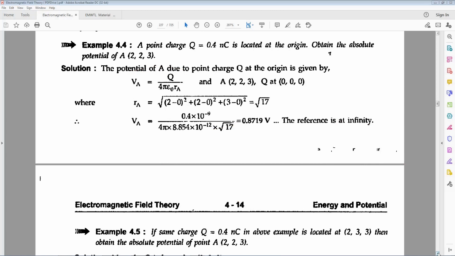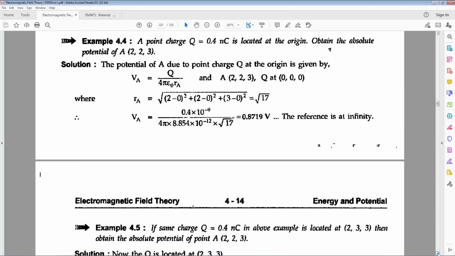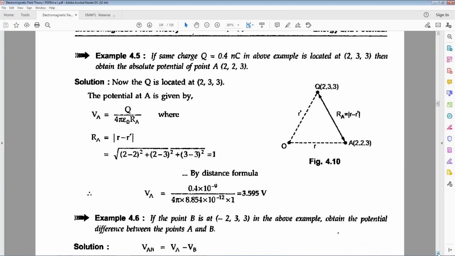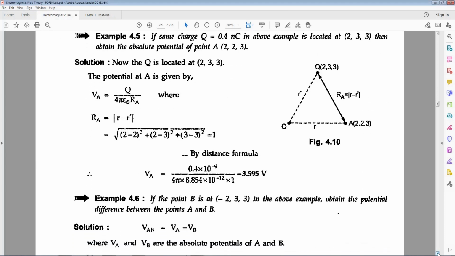Coming to the next example. If a charge Q equal to 0.4 nanocoulombs in the above example is located at 2, 3, 3, then obtain the absolute potential at point A, which is 2, 2 and 3. Previously they took the origin.